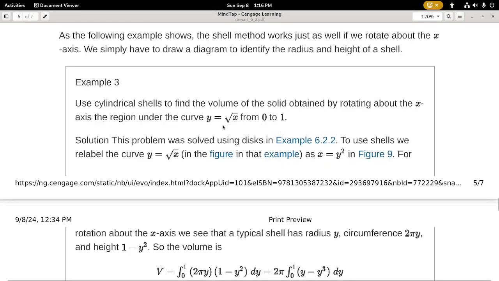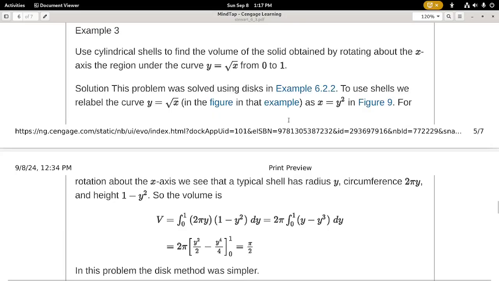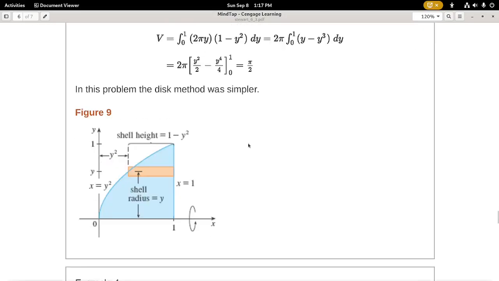So we have the curve y equals square root of x, and we look at the area under this curve. So y equals square root of x and y equals 0. We look at the area bounded from that, and you go from x equals 0 to x equals 1. So the picture looks like this. You have curve y equals square root of x.